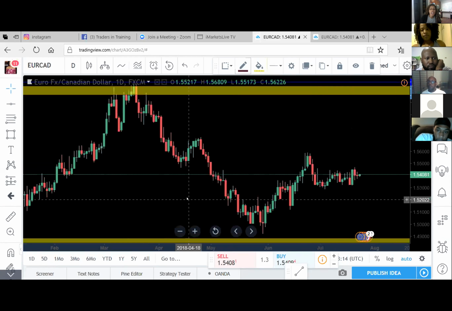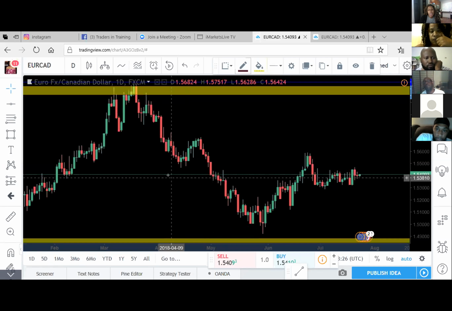The engulfing candle may not be all the way at the tip top or bottom of the chart, but it still means what it means. So I would prefer that in this case you use this engulfing green candle. Why?